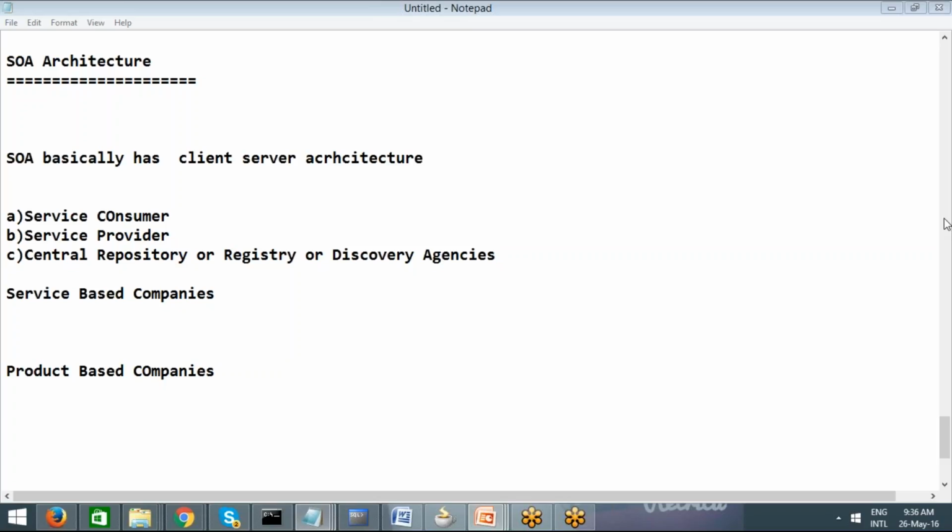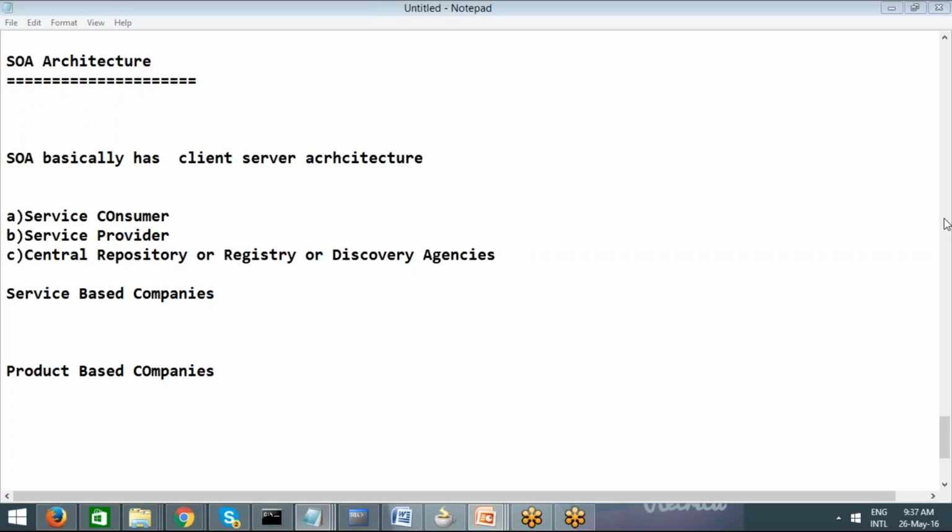So this is the WSDL file which is published by the service provider into the central repository. This central repository is something like justdial.com or sulekha.com or locanto.com, where people can come in and publish their advertisement. So I am advertising my web service, that I have developed a service which is capable of doing currency conversion.